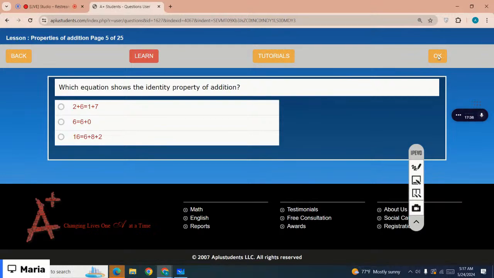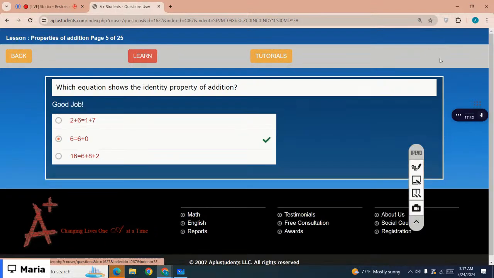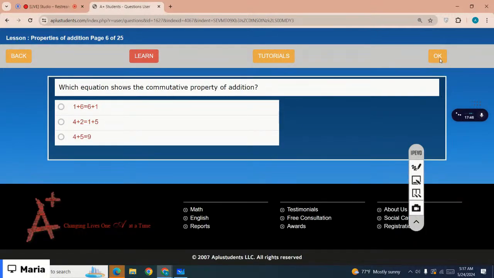Identity means, yes, that is the second one. 6 plus 0 equals 6 is the identity. Which equation shows the commutative property of addition? Which is the correct option?